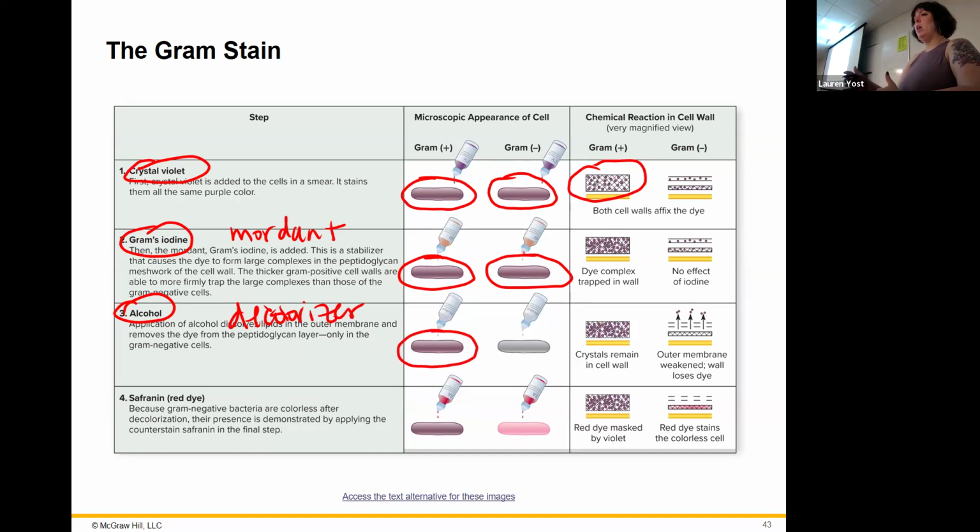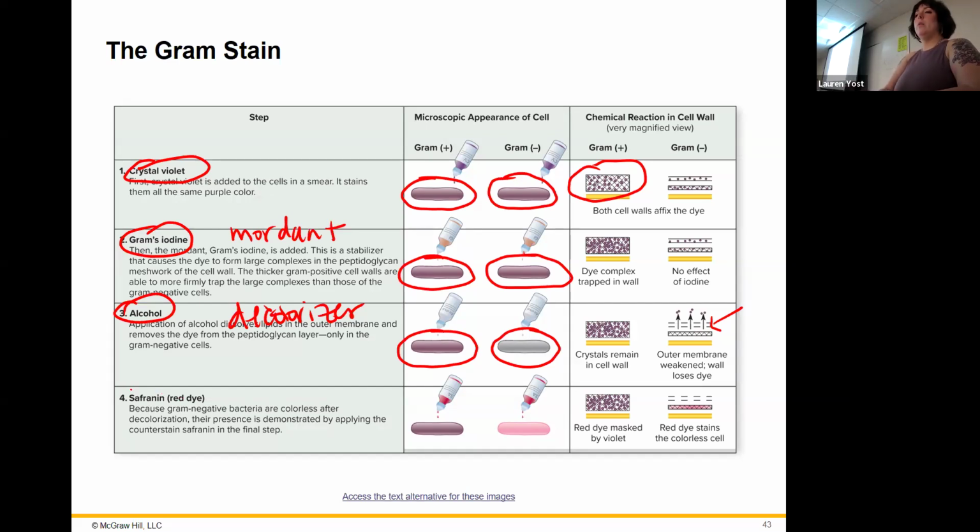We did it properly. However, we're finally at the alcohol step with our gram negatives. This is going to rinse out the purple that may have stayed lingering. Here you can see we're actually going to literally break down our outer membrane, and that's going to help remove the stain even more. So alcohol just does that. It's one of its properties.